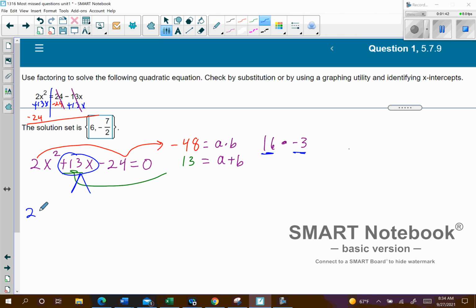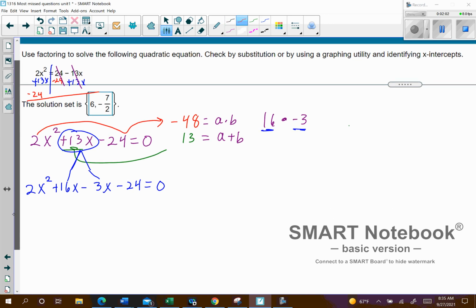So let's see, I still have my 2x squared, and then it doesn't matter which one goes first, so I'll just put plus 16x and then minus 3x, and I still have the minus 24 right there equals 0. So see, this is the same thing as a positive 13x.